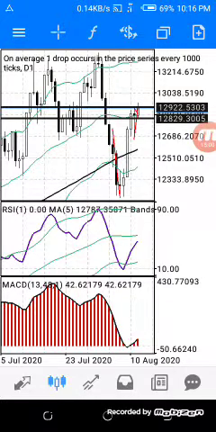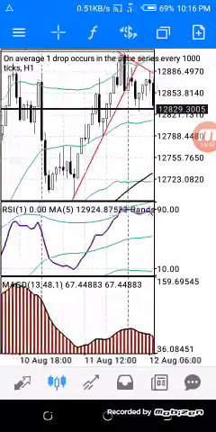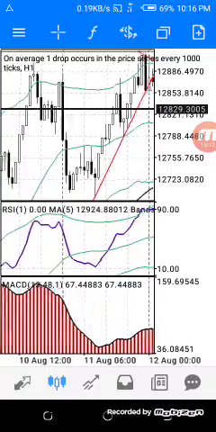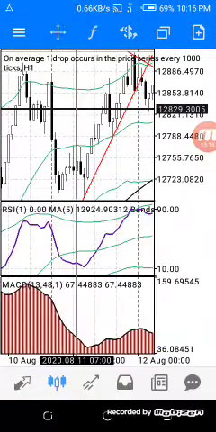So you go to your 1 hour chart. Your 1 hour chart shows you that it is already on the upper Bollinger Band. So this trade would have entered the trade here, guys, on the middle of the Bollinger Band.